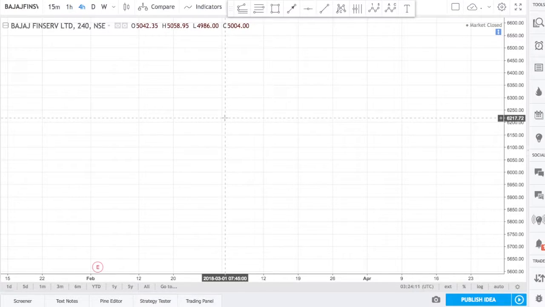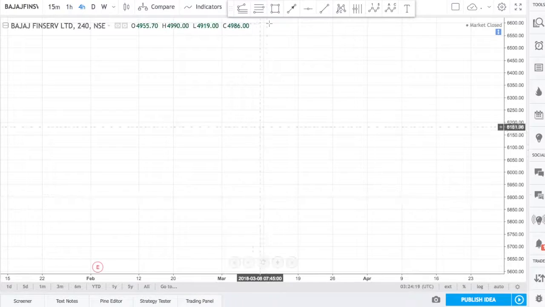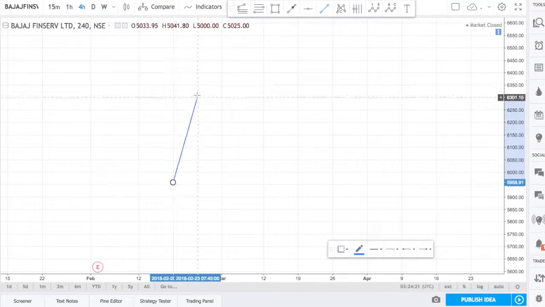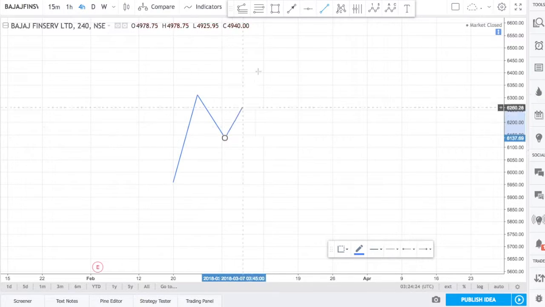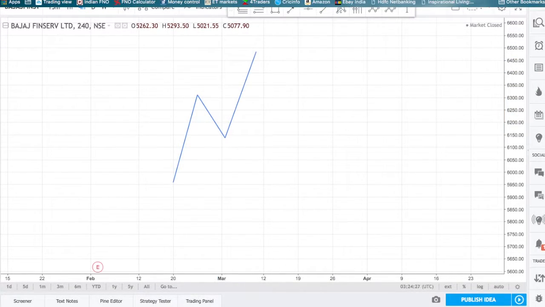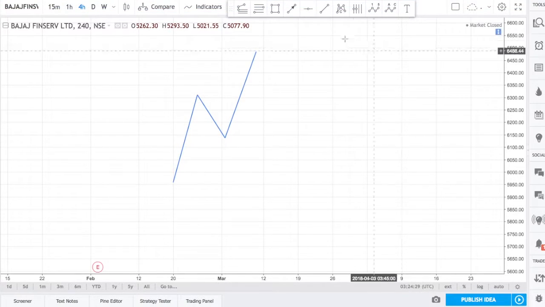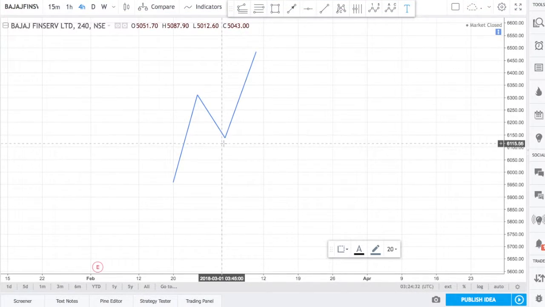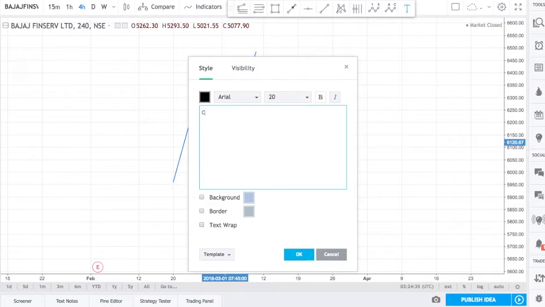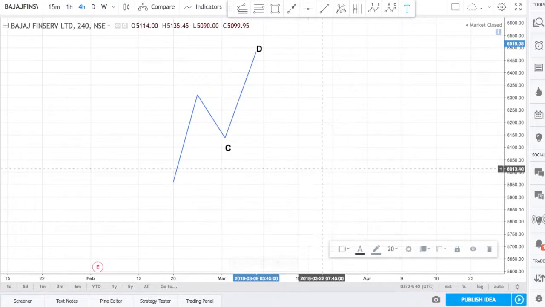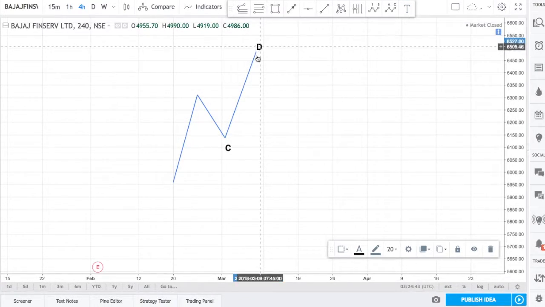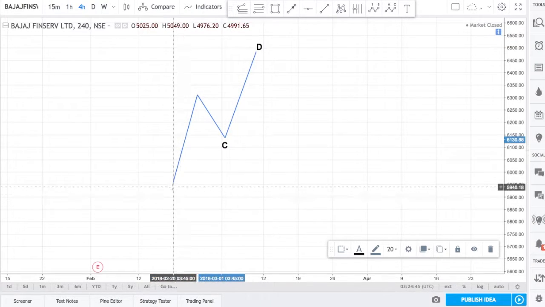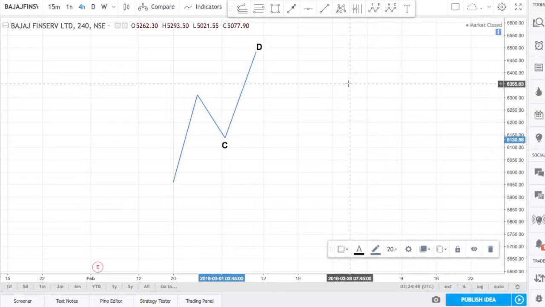An ABCD pattern is traded by predetermining where the CD leg is possible to end. As you all know, this is how an ABCD pattern looks like, and this is our CD leg.